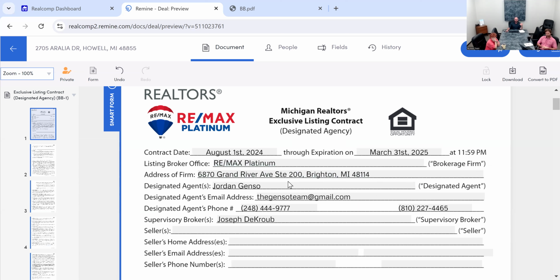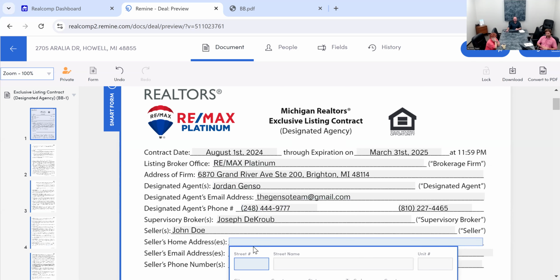This is our address. I am the designated agent. Now, the broker is Joe DeCrube. He's my broker. I am one of his agents. You as the seller, John Doe, and your address is 123 Main Street. Right.